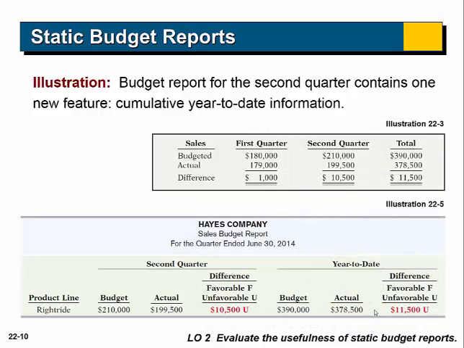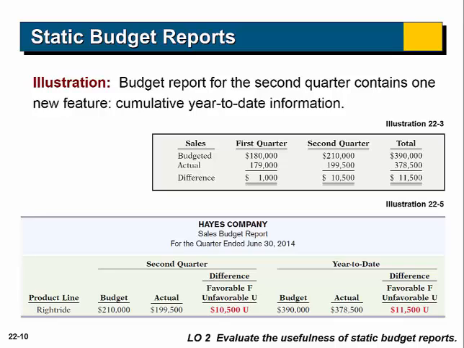Here we can see the results for the second quarter, 10,500 U for unfavorable, and here is year to date. Okay, so both quarters' budget amounts versus both quarters' actual results for a net of 11,500 unfavorable.